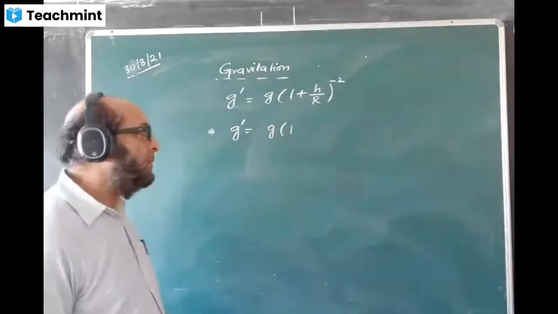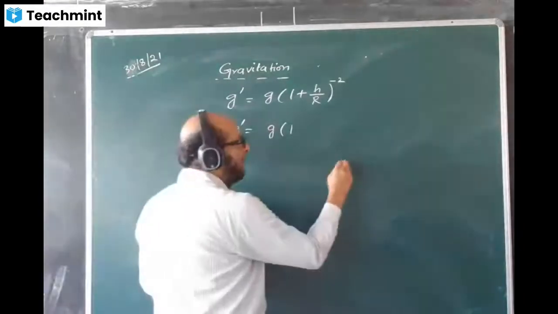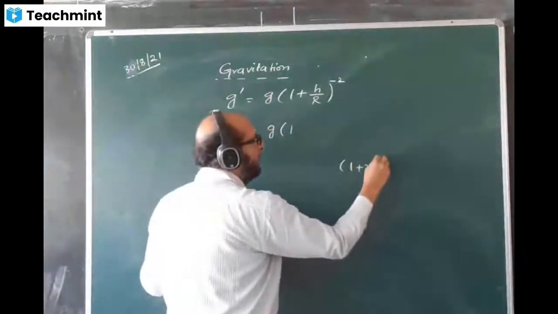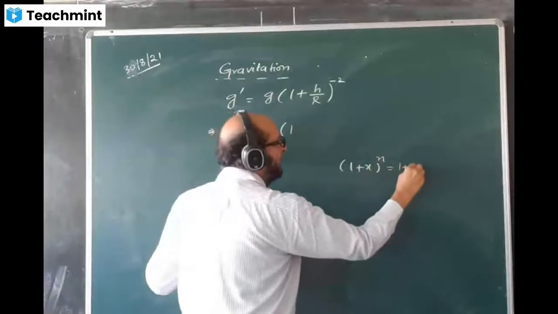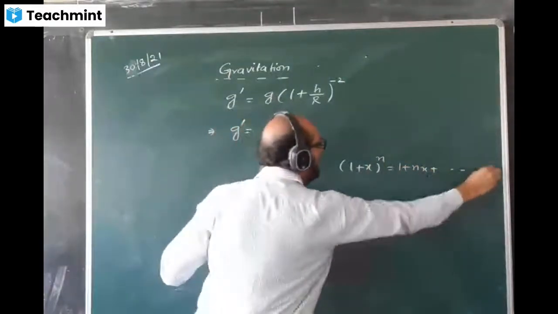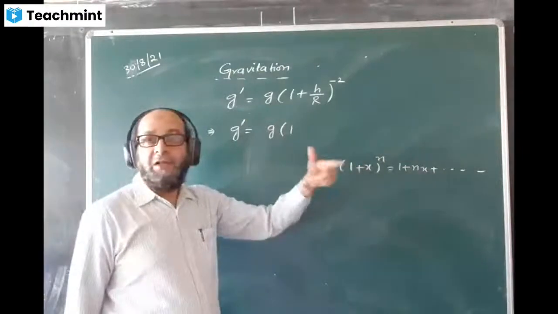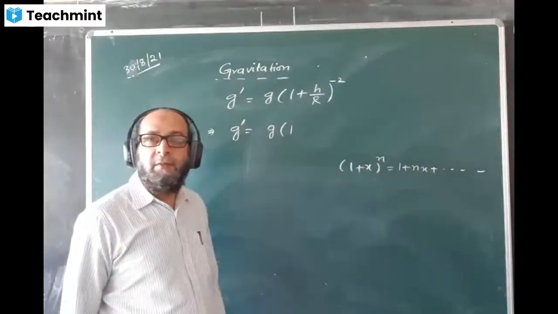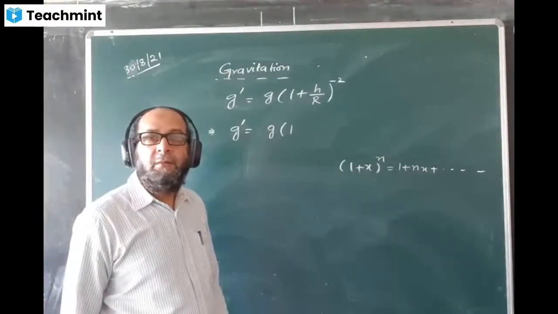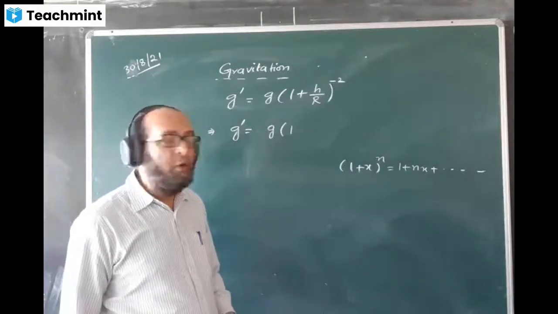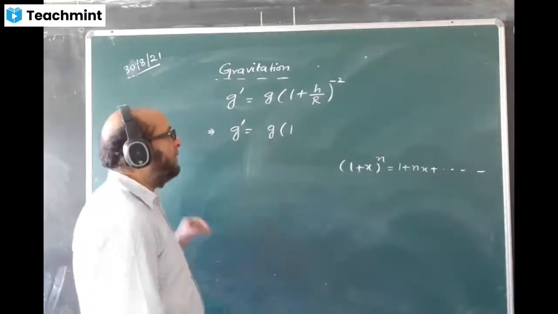There you will learn a formula like this: 1 plus x to the power of n is like 1 plus nx plus so on, where n is negative or a fraction. That we will learn in binomial theorem. So I'm using the same formula here.